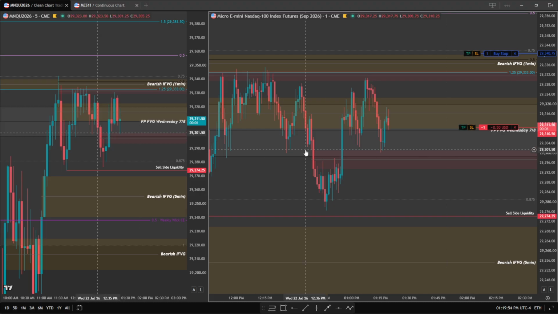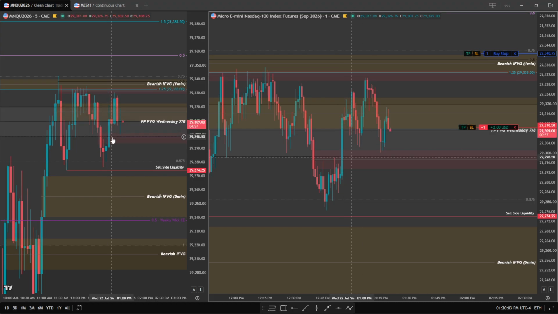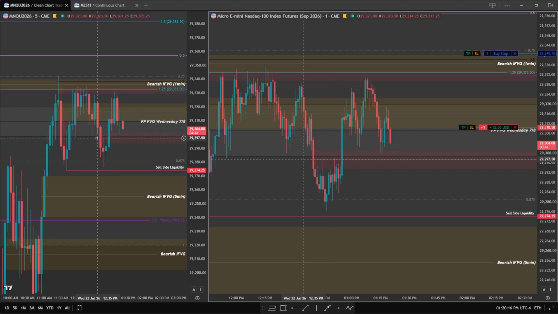Traded into a little 5-minute for value gap here. Which realistically, if it's going to be bullish, this would be a breakaway gap. It did leave a portion of it open, but it's not necessarily a really bullish sign trading into that, because it should be a breakaway, especially since it's overlapping this inversion here.